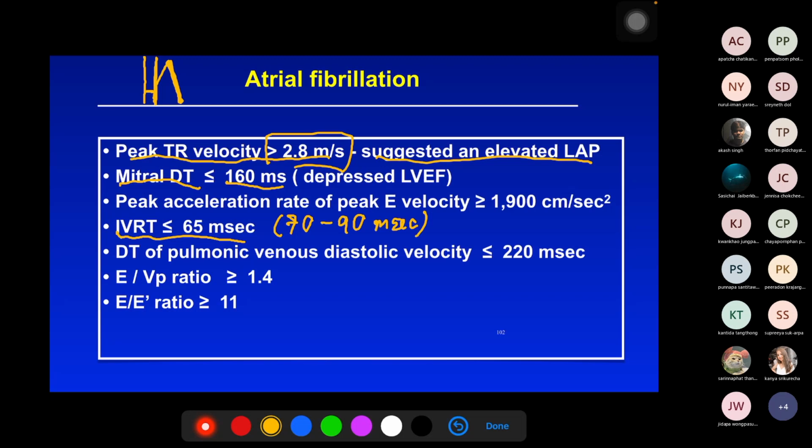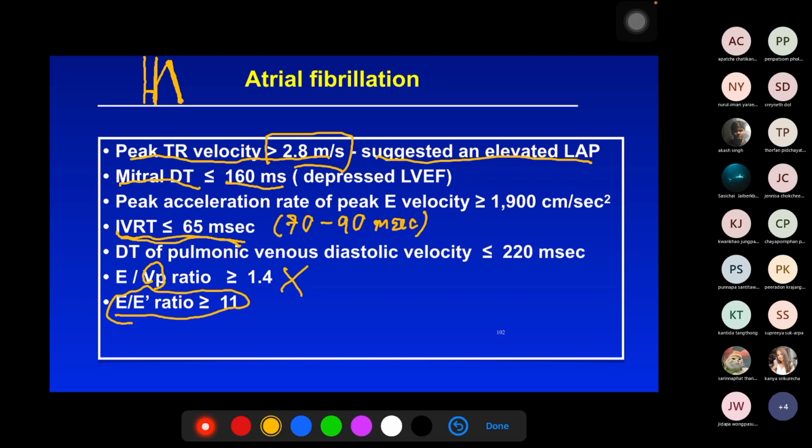But if it is less than 65 milliseconds, you should suspect abnormal or elevated LV filling pressure in atrial fibrillation. Or we use the E to E prime ratio. The Vp, the mitral propagation velocity, is no longer used because the guideline does not recommend it.